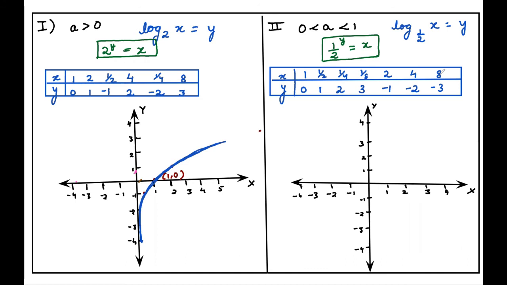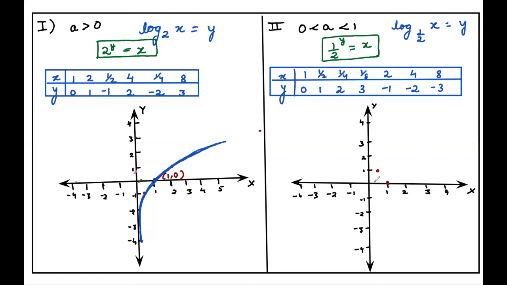तो अब हम इनको प्लॉट करते हैं. When x is 1, y is 0. ये वाला पॉइंट हो जाएगा 1, 0. Then when x is half, y is 1. ये पॉइंट हो जाएगा.